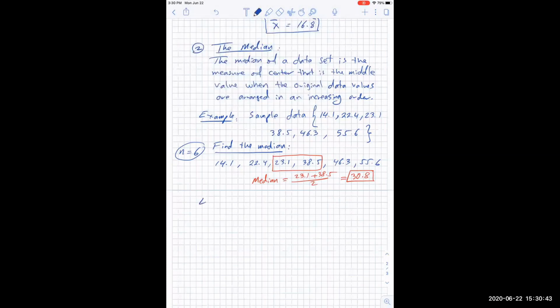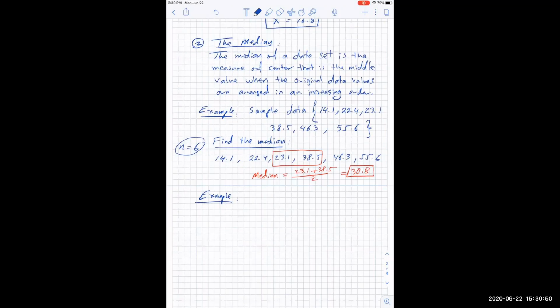Now, in this example, I'm going to give you an odd sample size, an odd number of values.